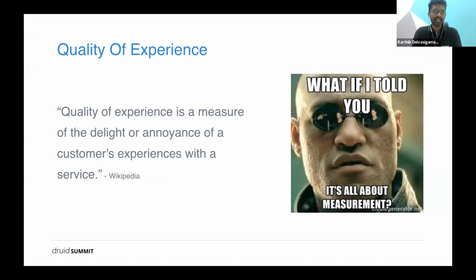This is the standard Wikipedia definition: the measure of delight or annoyance that a customer experiences. There are two parts to this when you're trying to measure. One is a quantitative part that is largely around metrics like what your uplink quality is like, what your audio levels are, what your network speed is, what the bit rate is.